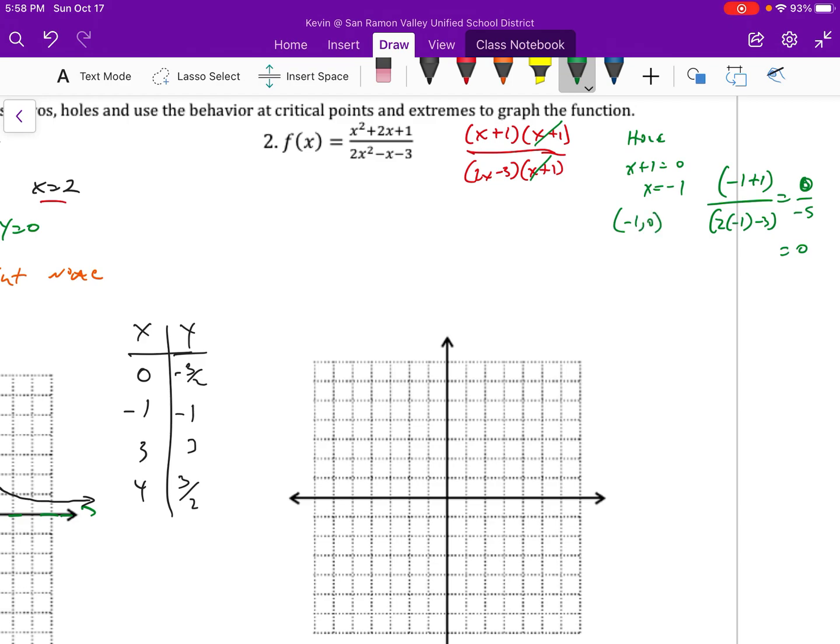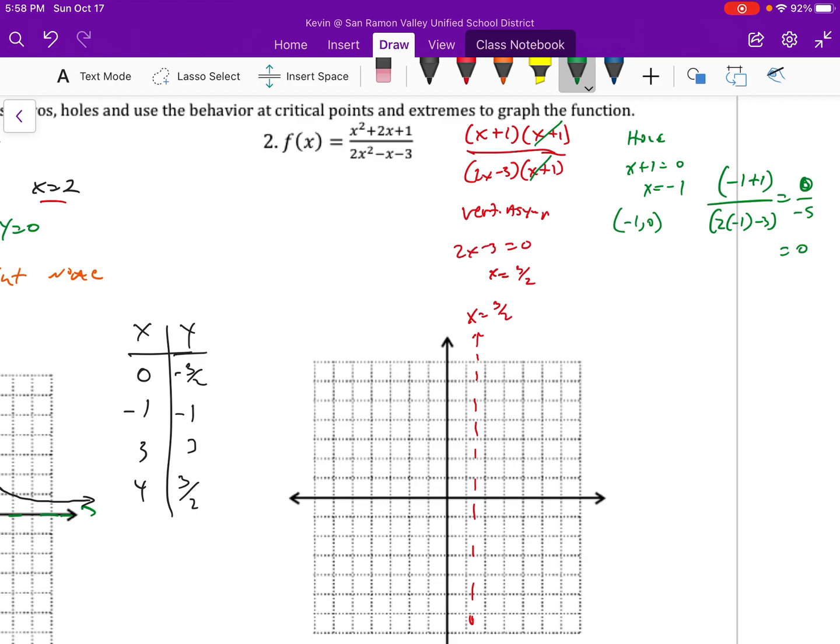And our vertical asymptote is going to be 2x minus 3 equals 0, x equals 3/2. I'll put that in here. x equals 3/2.